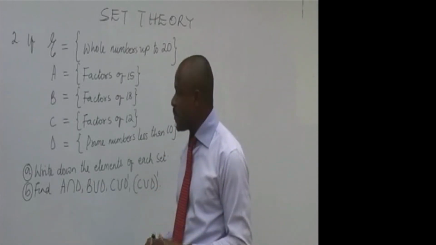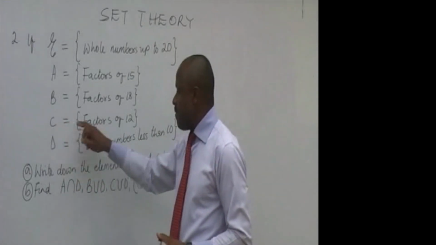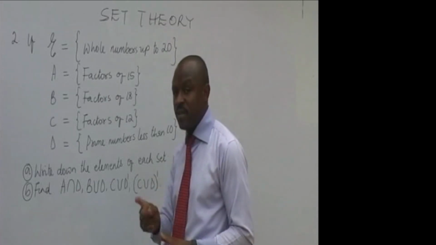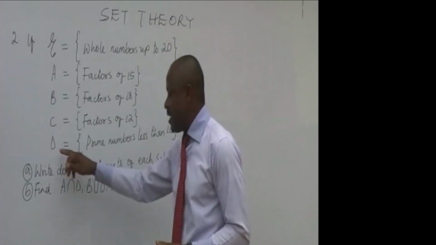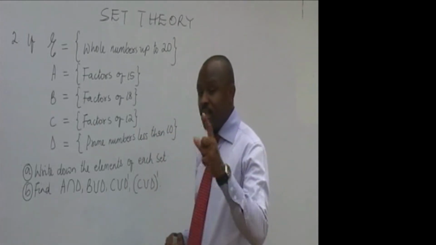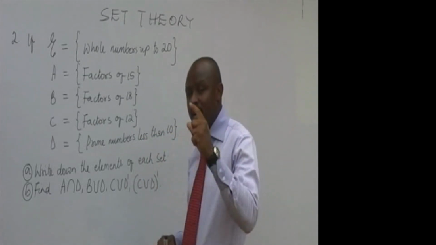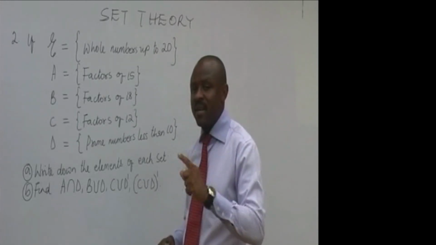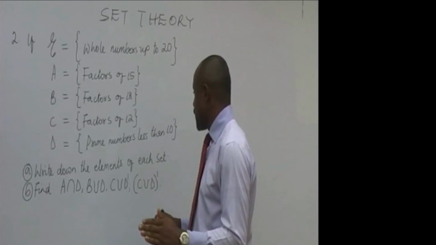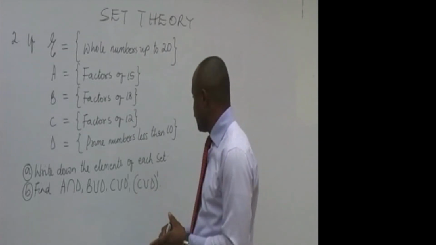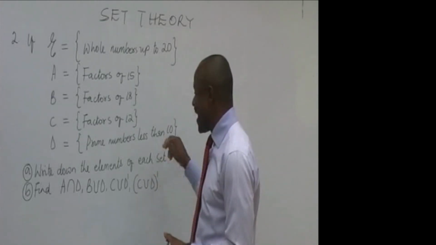C, factors of 12. D, prime numbers less than 10, those numbers that only 1 and themselves can divide without a remainder, between 0 and 10. Remember, 10 is not inclusive.